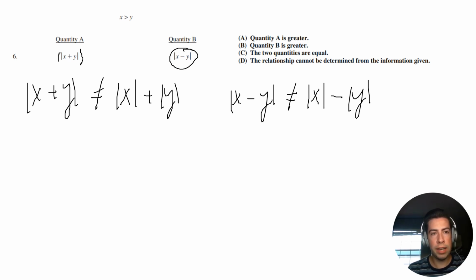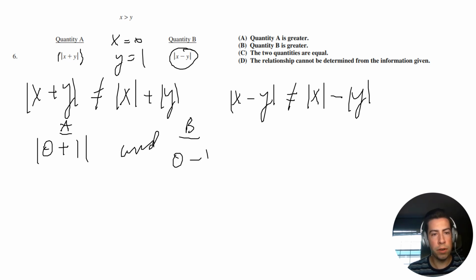So we can try a couple examples. Let's just say that x equals 0 and y equals 1. If we run that through here, we get 0 plus 1, and I'll say this is A, and this is B, and then we'd have 0 minus 1, absolute value.